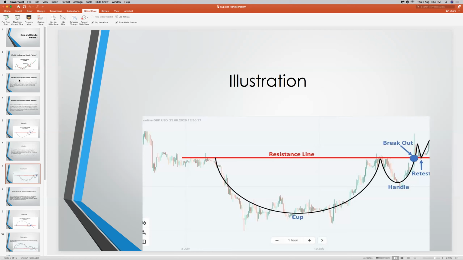So now that you know there's a cup and handle pattern, when you drop your resistance or support line, you try to see if you can identify one of these patterns in there. But it is going to come to a point when you get good enough at it that you don't even have to throw in a line. You can just look at it and see those things that are appearing there.